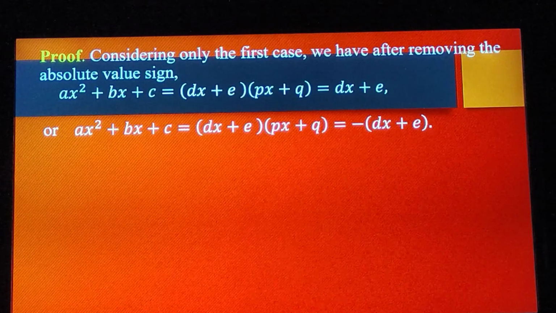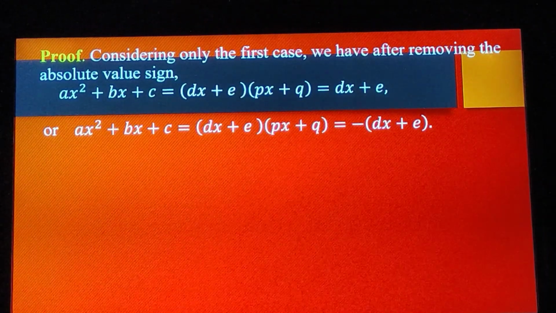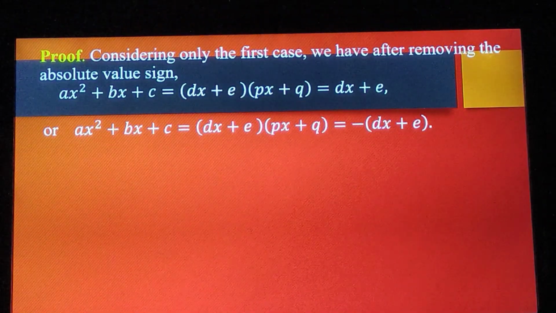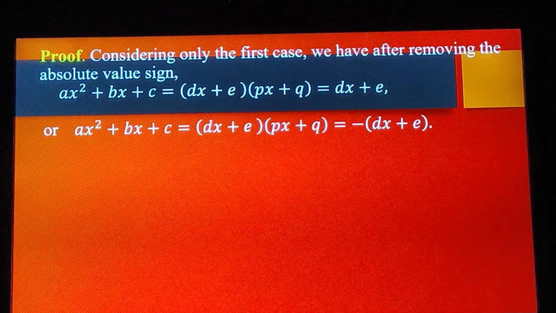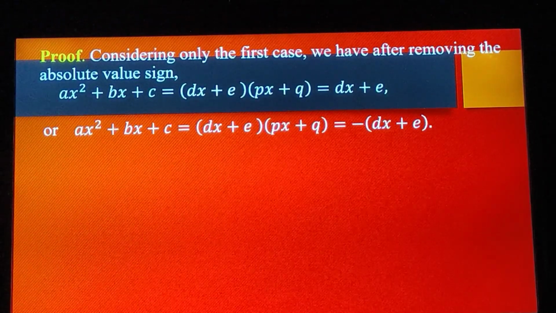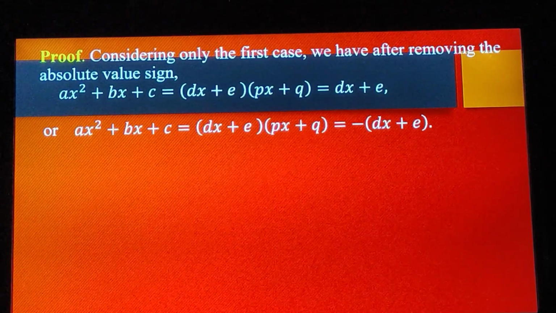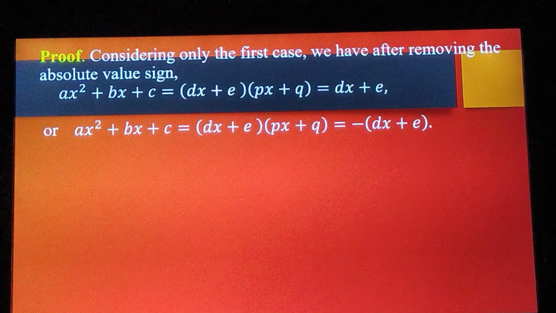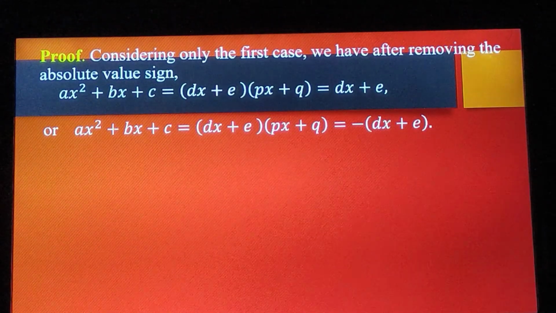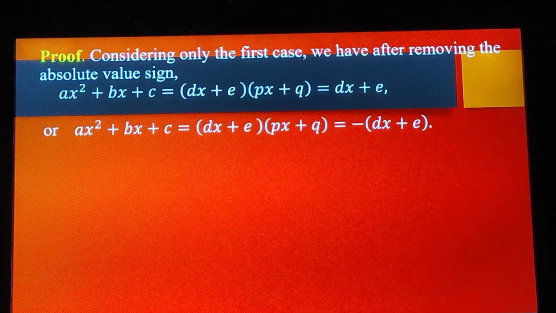Proof: considering only the first case, in which the right hand side is dx plus e, so we have, after removing the absolute value sign, ax squared plus bx plus c equals dx plus e. And the other one, after removing the absolute value sign, we have negative dx plus e on the right hand side.